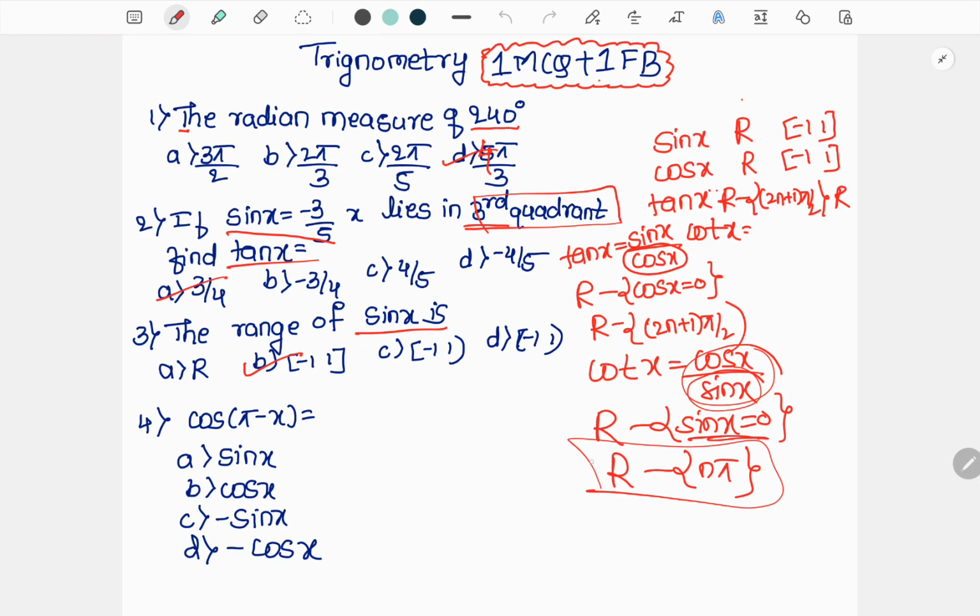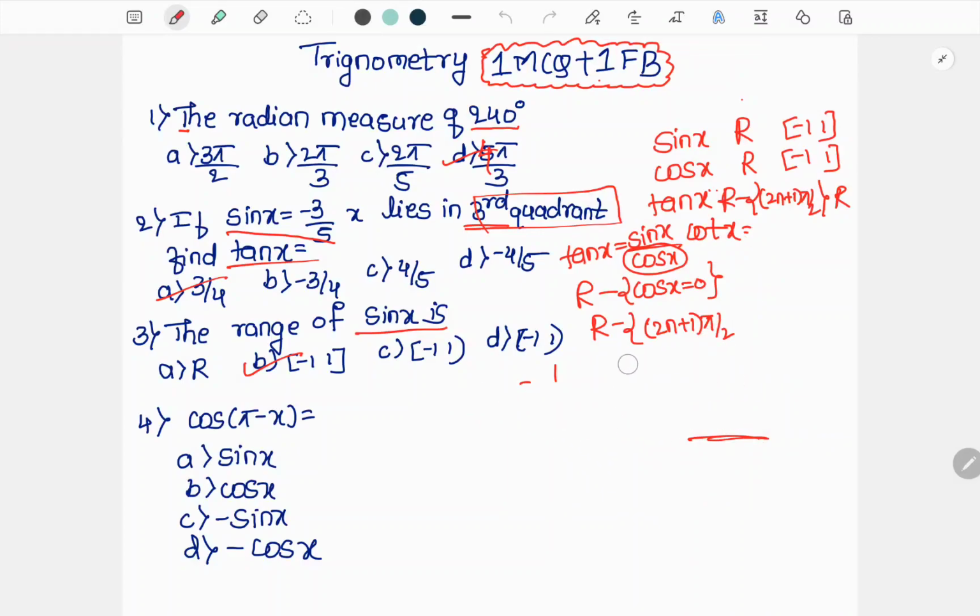So this is the domain of cot x. Range is R. So the same way you people do sin, cos, tan, cot. Sec also you can check. Sec x is nothing but 1 by cos x. Then all the real numbers minus this, you remove. So you will get it. So please remember that. So they may ask the domain and range of that also.